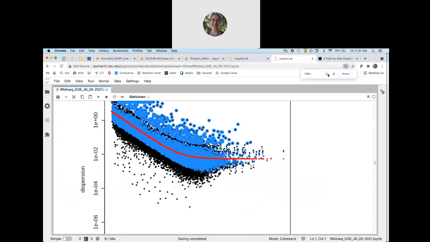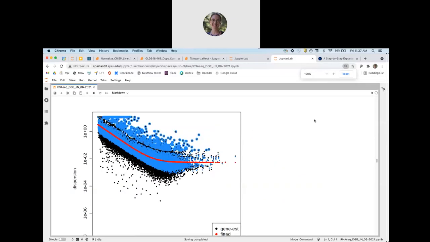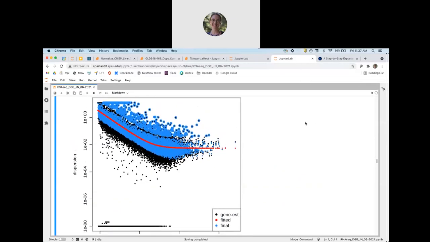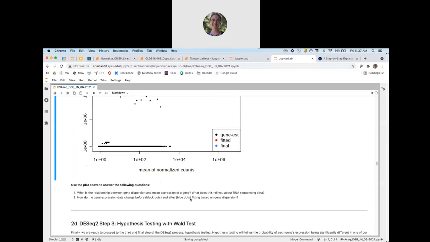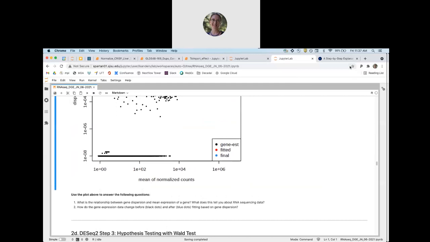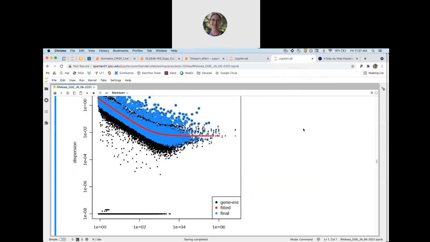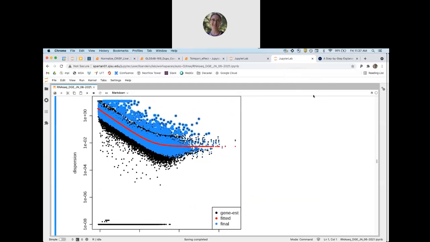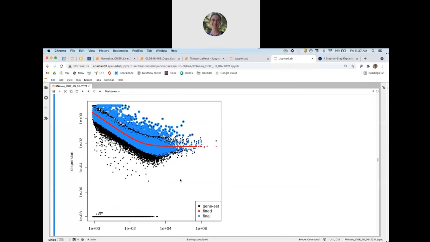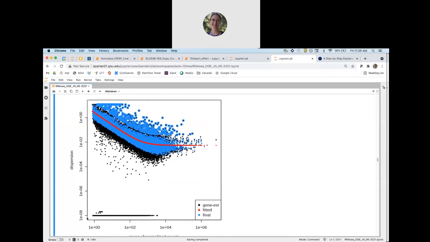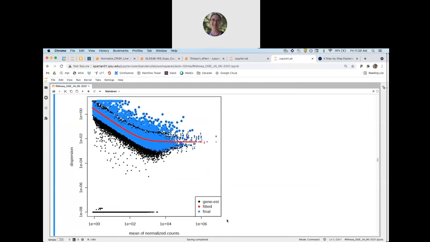Let's see, questions here. So here, what we're looking at is a plot with the mean expression of each gene on the x-axis, and each dot here is a gene.